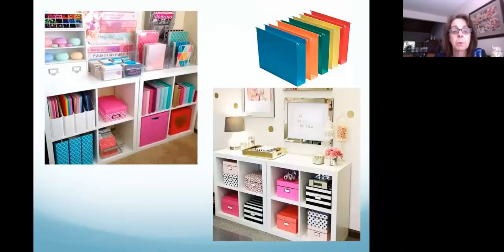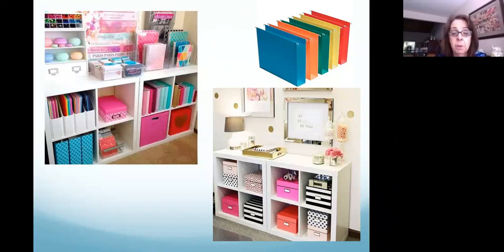Here are some examples of some storage solutions for a visual learner. You may not like the colors, but it's just an example that you can see where there's some books and there's boxes and there's bins and there's folders, there's colored folders, a lot of different interest. And you could take a system like this and you could do it in black and white or different textures.